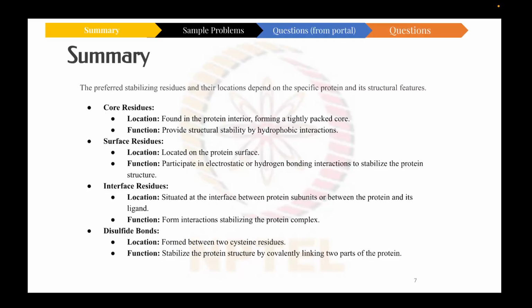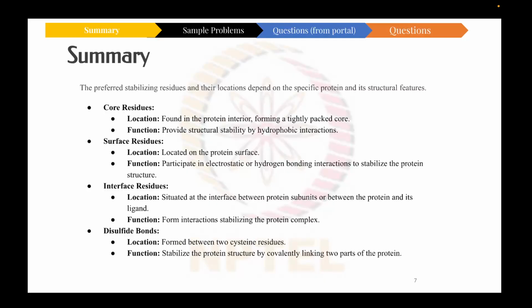Then we have disulfide bonds, which are covalent bonds formed between two cysteine residues, which stabilize the protein structure by covalently linking two parts of the protein. Disulfide bonds can be predicted using methods such as conservation analysis of cysteine residues or the prediction of disulfide bonding patterns.